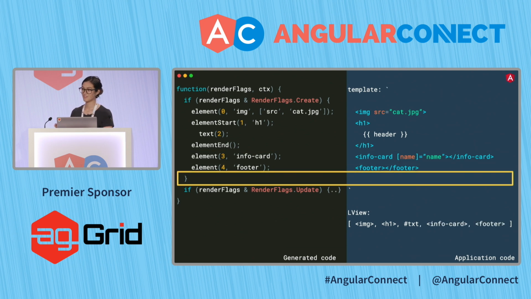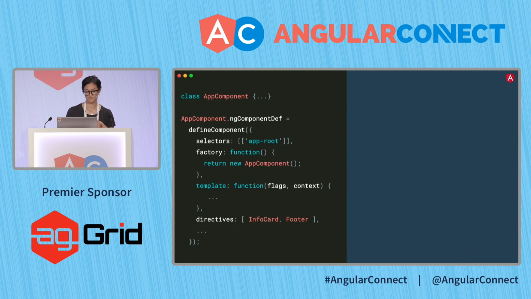There's one more thing that these element and text, or really just element instructions are doing, and that's directive matching. So at compile time, the compiler will analyze your ng modules and your component decorator, and it'll figure out, based on your ng modules, what directives and components are available to your component in its module scope.